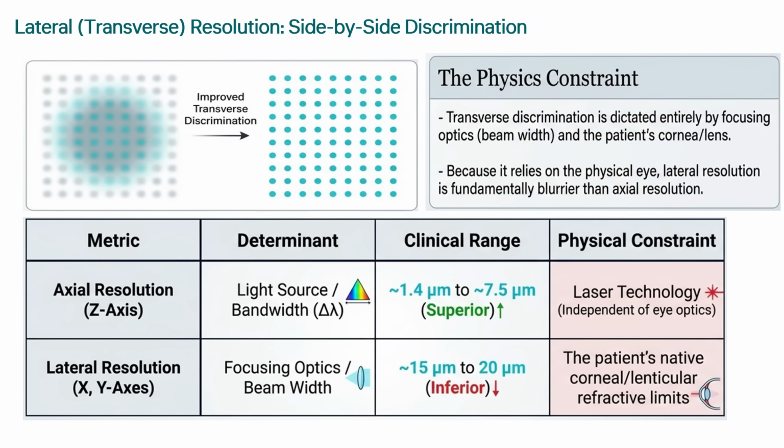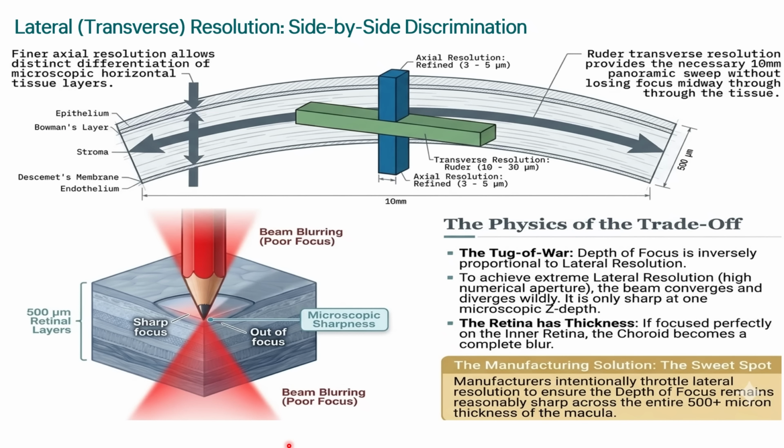Now, in the next picture, I will explain, for example, this is the cornea, and the cornea is curved, it is not a straight line. Similarly, the retina is curved. So if you want to have a simultaneous view of a large area of around 10 millimeters from the cornea or the retina, you need to have a lower lateral resolution, a little bit, so that you can have a large depth of focus.